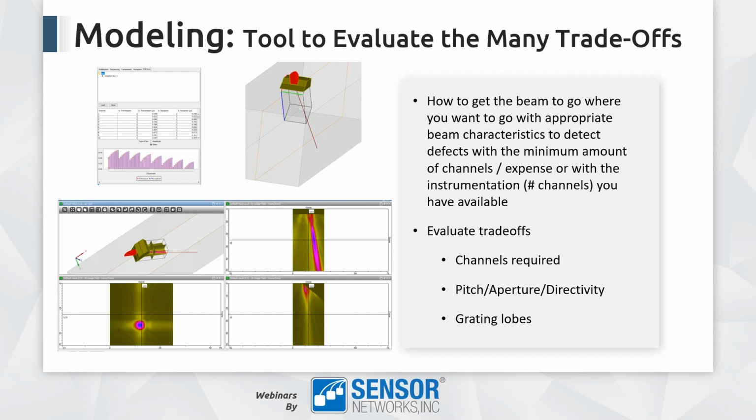Usually you have a limited amount of system channels available to you, or you have a certain budget on channel count, and therefore we have to figure out what combination and geometry of elements makes the sound do what we want it to do. So, as I lay the problem statement out: how do you get the beam to go where you want it to go, with the appropriate characteristics to detect what you want to detect, with the minimum amount of channels and expense, or with the number of channels that you have available?